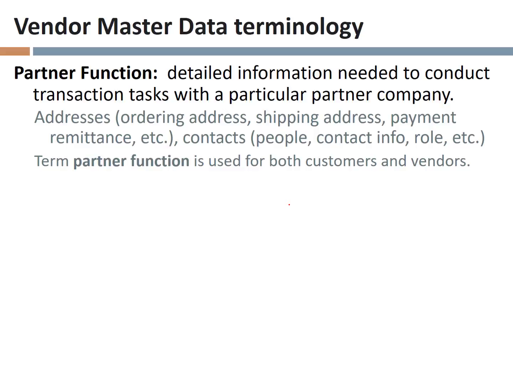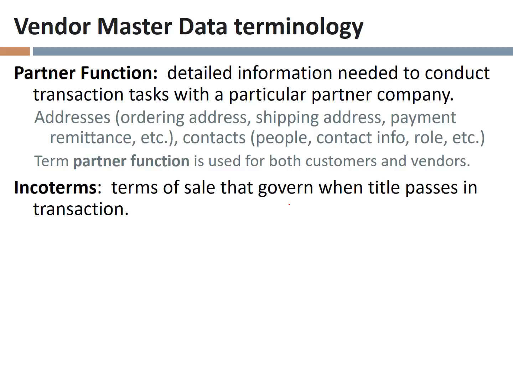The other term here that's a part of this is Incoterms, and perhaps some of you have seen that term before. We do talk about this a little bit in the 3720 course for those of you that have taken that. Those of you that are business students, you may have seen this in other contexts as well.